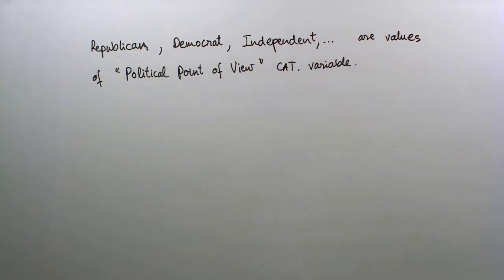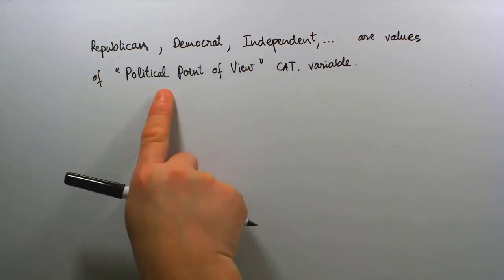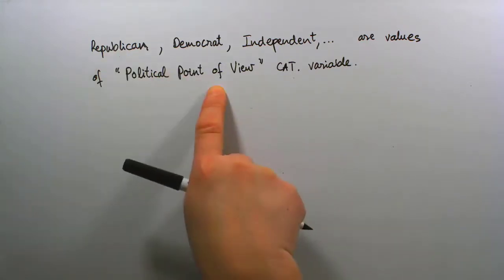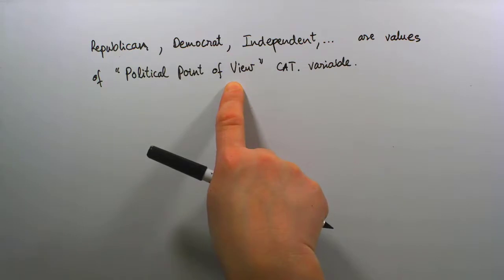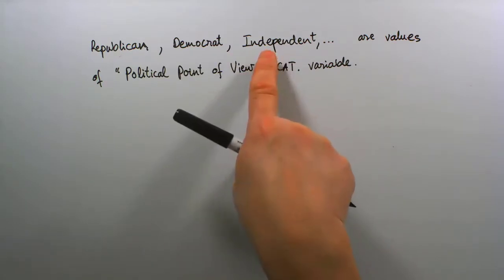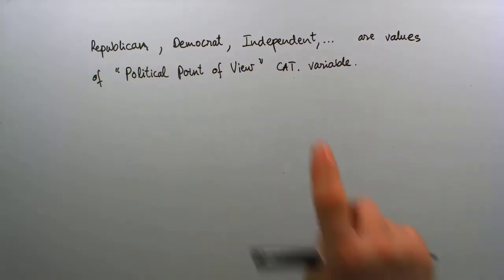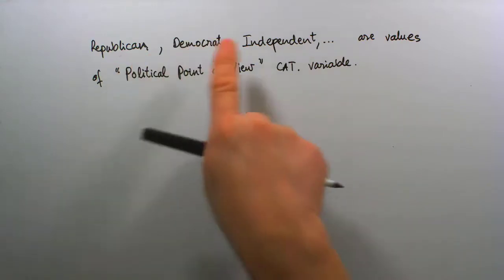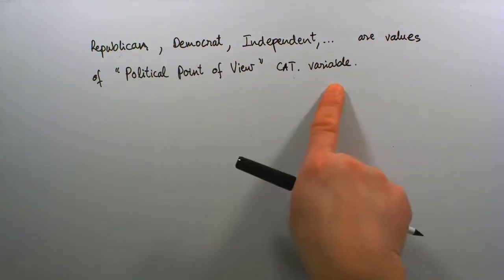For any person in our sample, that person can consider himself or herself to be a Republican, or a Democrat, or an independent person, meaning neutral from either of these two major political parties. So I have just pointed out that the three columns here are different values of one categorical variable that we have recognized.